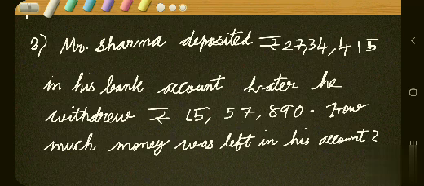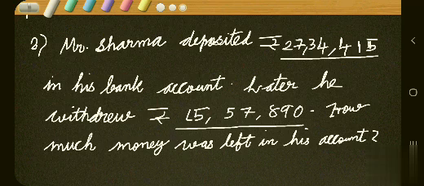First he deposited an amount of rupees 27 lakh 34,415 and later he withdrew. Withdrew means, I said already earlier, the past tense of withdraw. He withdrew an amount of rupees 15 lakh 57,890. So how much amount was there in the bank account after withdrawing that much money?